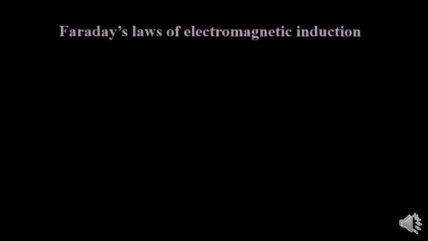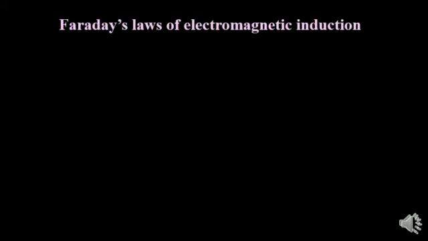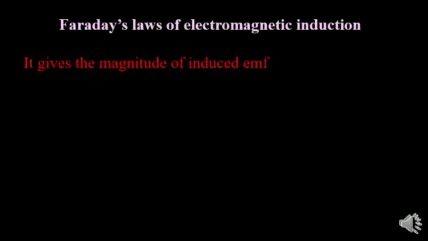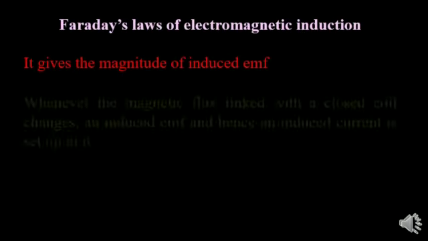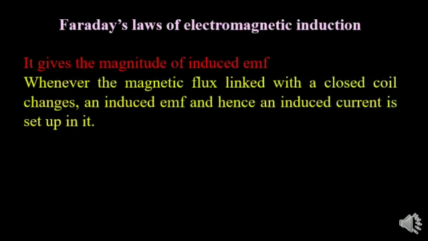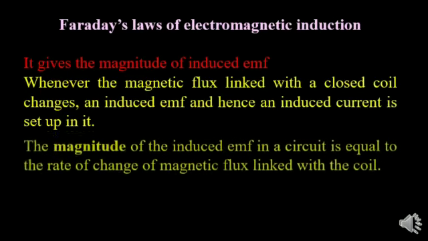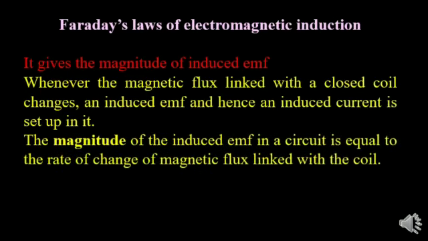Faraday's laws of electromagnetic induction. It gives the magnitude of induced EMF. From the observations of these three experiments, Faraday concluded that the rate of change of magnetic flux through a closed coil induces an EMF in it, and stated the law of electromagnetic induction.